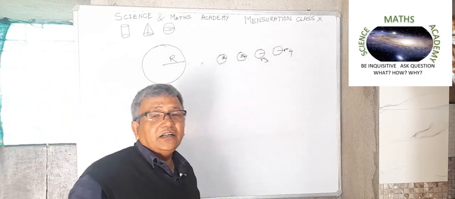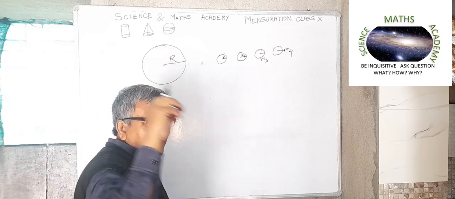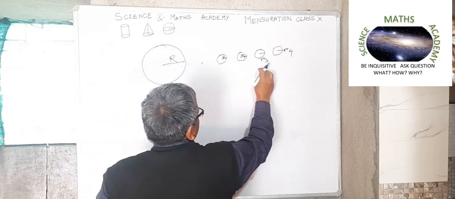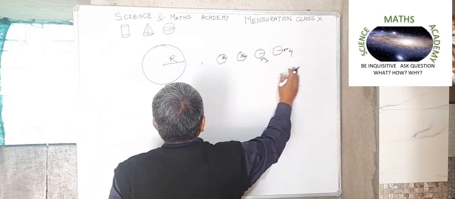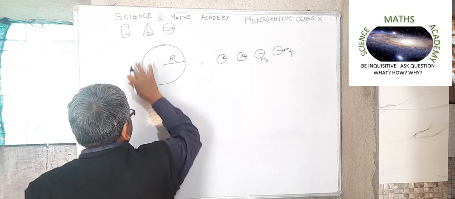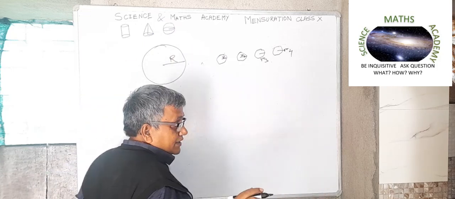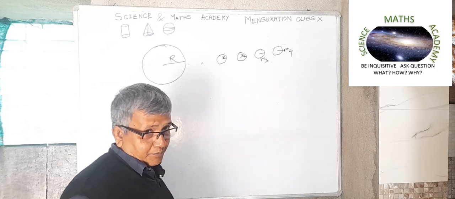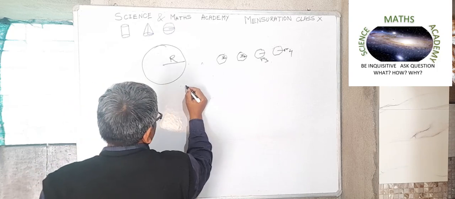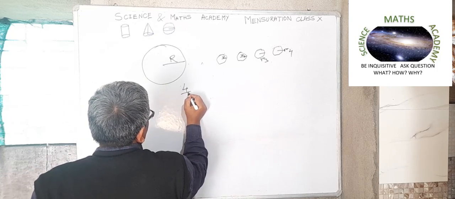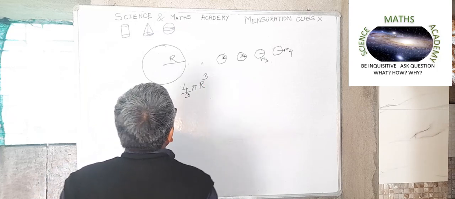Please remember, say a big iron ball is there and I melted it and I made small balls, or small spheres; some spheres I melted and recast into a big sphere. It is very easy. Here please remember, volume will be the same. So what is the volume here? 4/3 pi capital R cube.